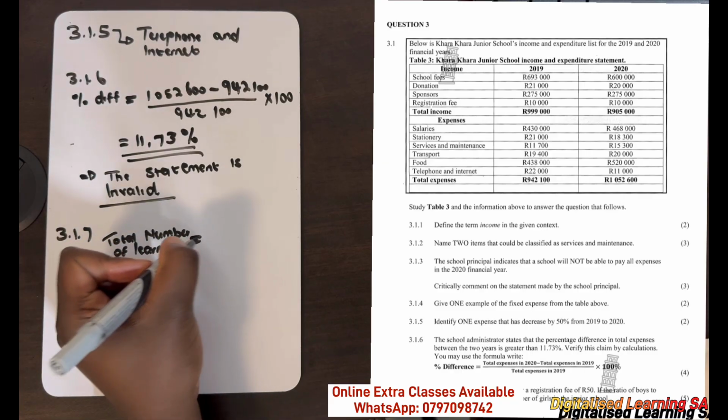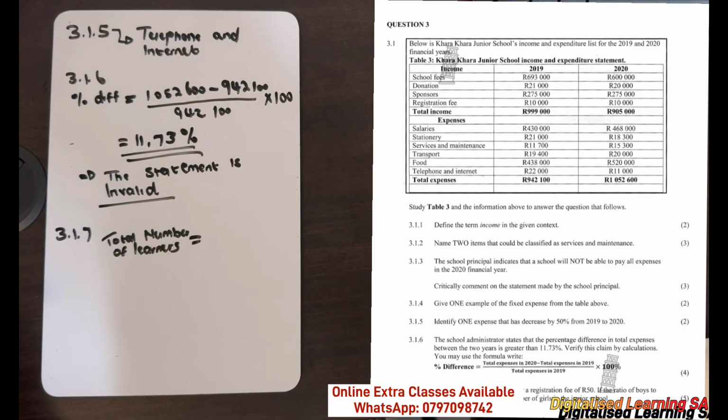So how do we do this? If we check our statement, we are told that the school charges each learner a registration fee of 50 Rand. And if we go back to our table and check registration fee, we can see that the total was 10,000.